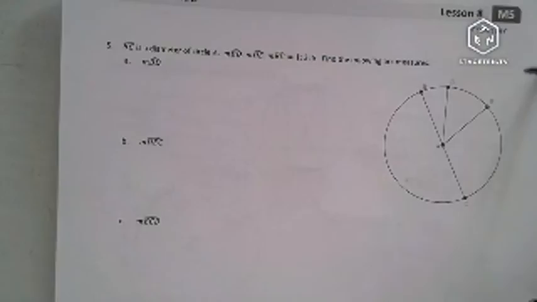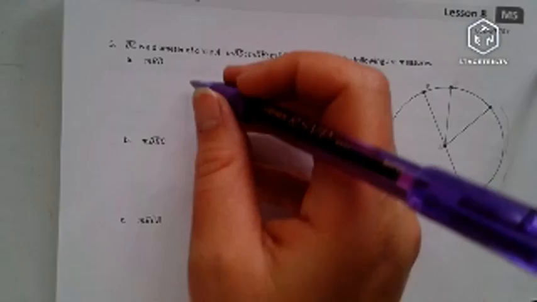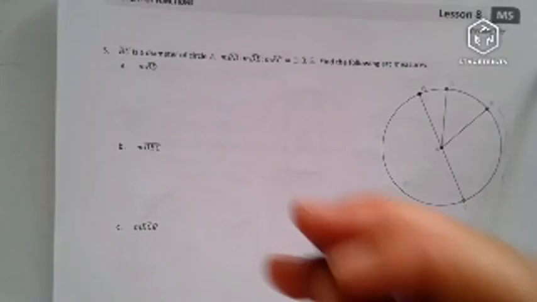So EC here is 100 degrees. So here we have, I'll label it in here, 60, 100. That means the measure of DEC is 160 degrees. We know this one here is 20.